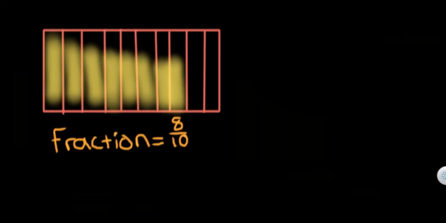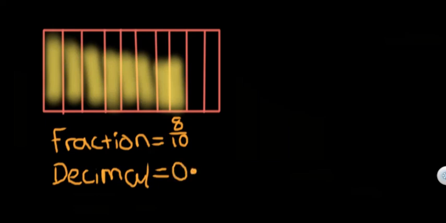Okay, but as a decimal, I'll tell you how we write it in decimal form. Do we have any wholes? Do we have 2 squares? No. So there's no whole. It's just one square we're talking about. So I put 0 wholes. And then I just put the numerator of the fraction. What's the numerator of the fraction? It's 8. So 0.8. Okay?